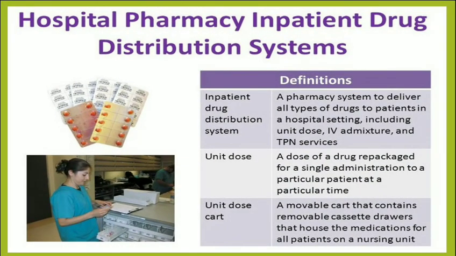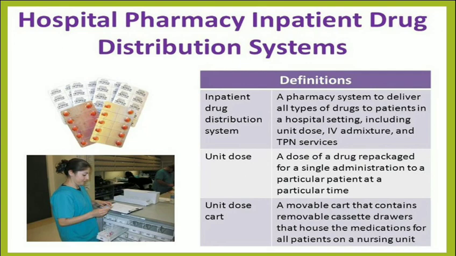Hospital pharmacy inpatient drug distribution systems, there are some terms. Inpatient drug distribution system means a pharmacy system to deliver all types of drugs to patients in a hospital setting, including unit dose, IV admixture, and TPN services.